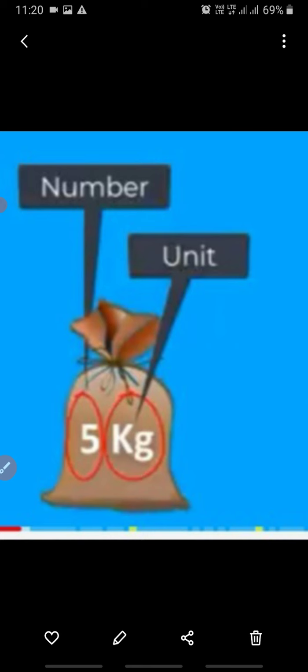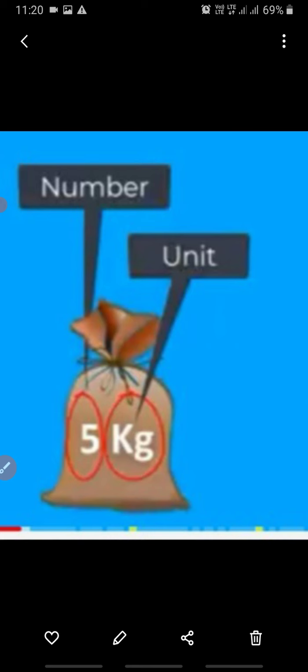Okay, so I told you that there are 7 fundamental units, and today we will discuss the standard definition of the 7 fundamental units. But first, you need to keep in mind always that for any physical quantity, two things are important.